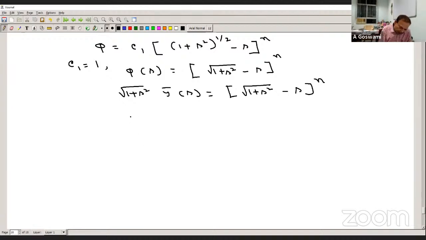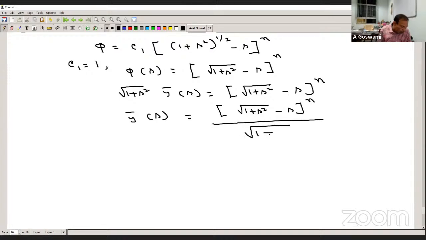From here you can write down your ȳ(s), which equals (√(1 + s^2) - s)^n divided by √(1 + s^2). So you got the ȳ(s) from here.